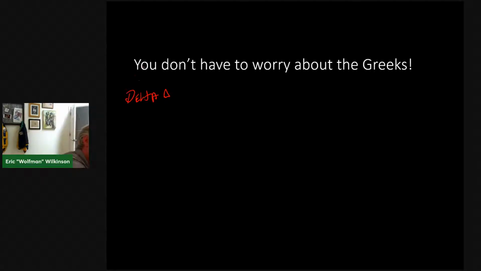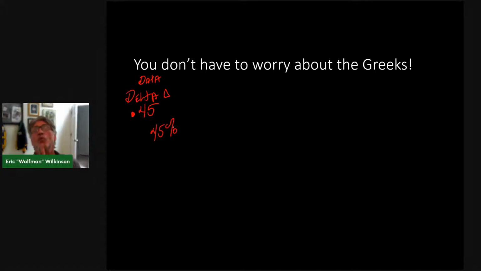I like to look at it as data, and it tells us the probability of being in the money. So with a 0.45 delta, that means it's a 45% probability of being in the money by 1 penny at expiration.